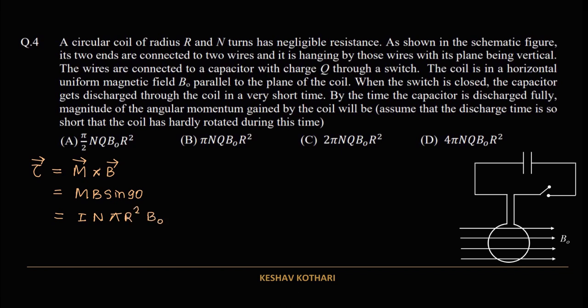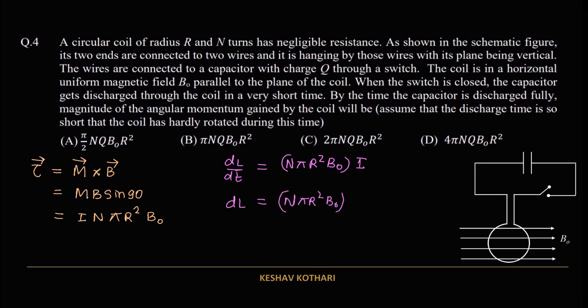So this is the value of torque that we write, and if I replace the torque as rate of change of angular momentum, dL by dt is equal to n pi r square B naught into I, so we obtain that angular momentum can be calculated in this way.